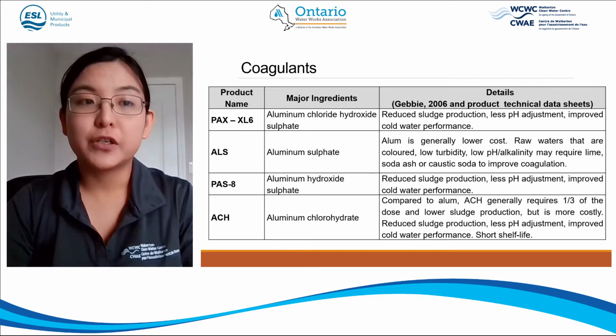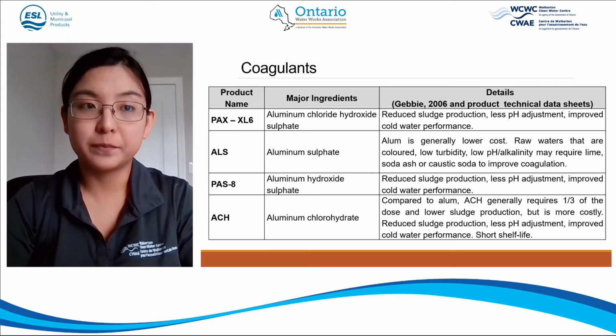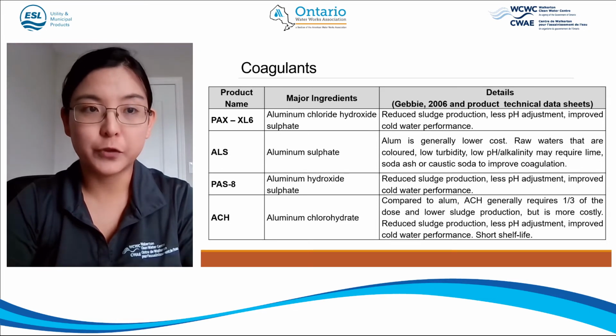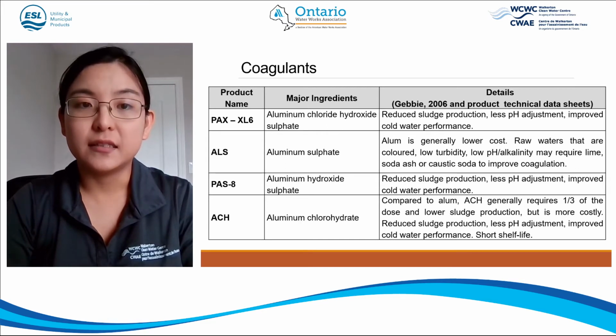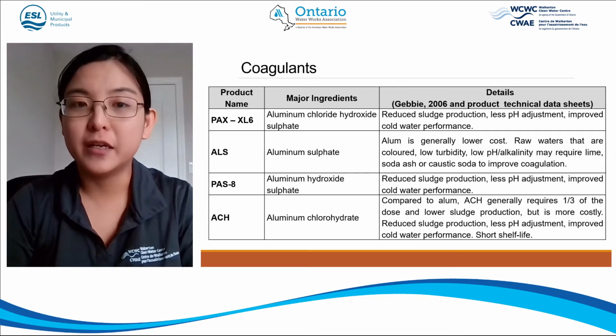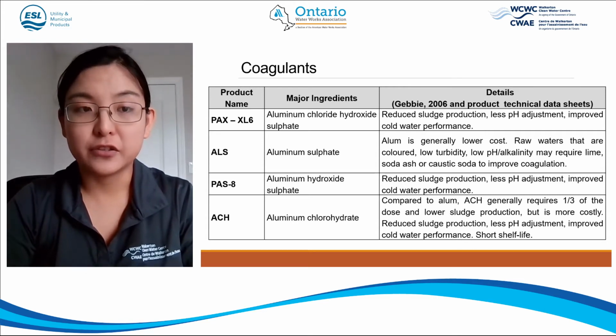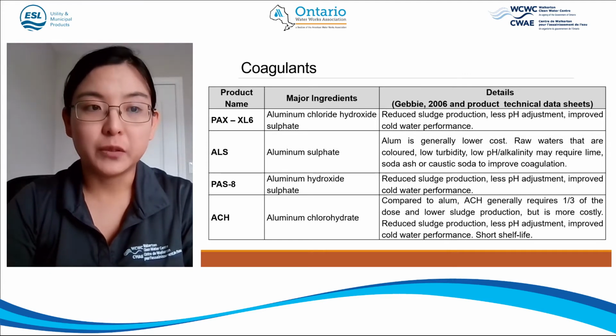So for each type of jar testing experiment, we selected 4 different coagulant products. ALS is aluminum sulfate, also called alum. It's the most commonly used coagulant in the industry, and it's also more affordable.